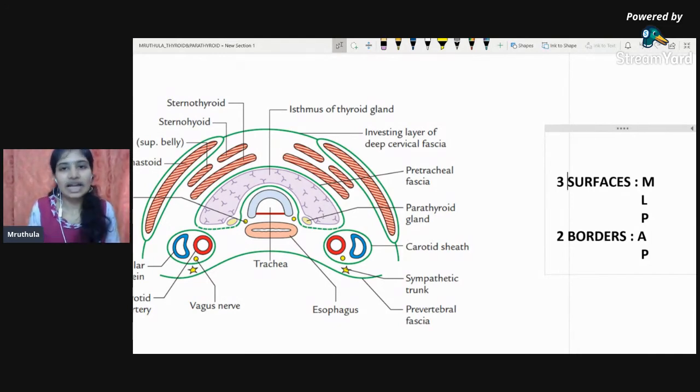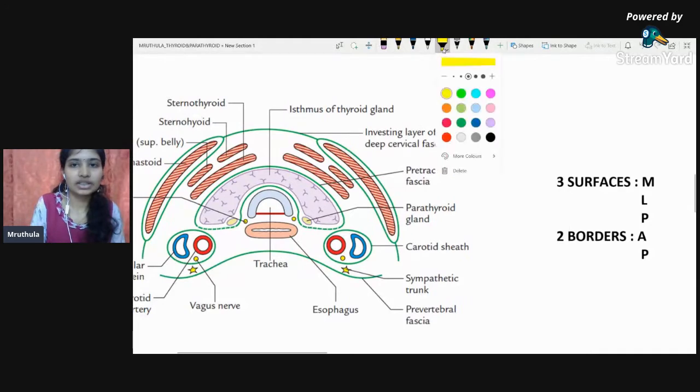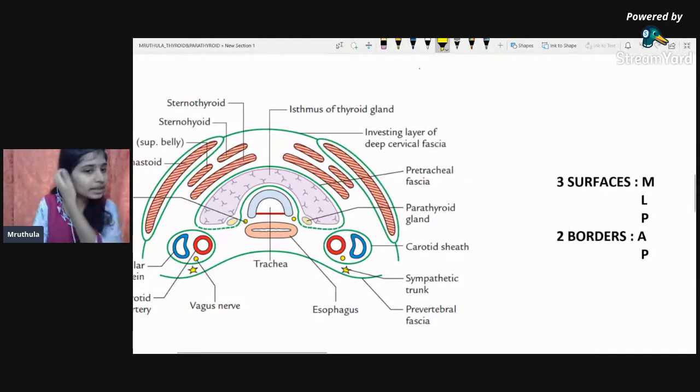We do not have an anterior surface here. Keep that in mind. What we have here is a medial surface and a lateral surface, and there is a posterior surface. I'll show you that in this diagram. Here the purple part is the thyroid gland.